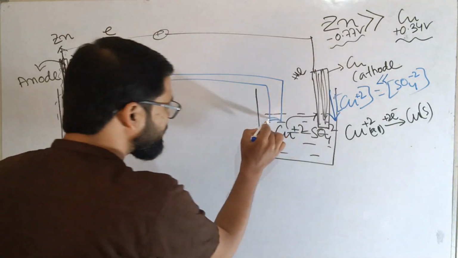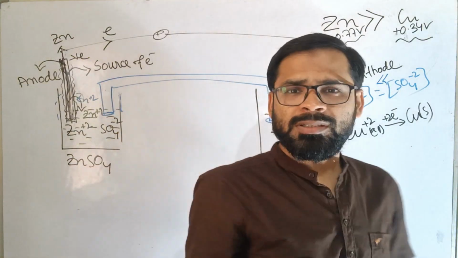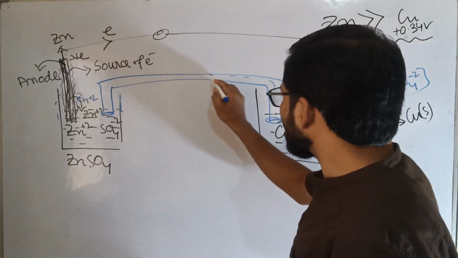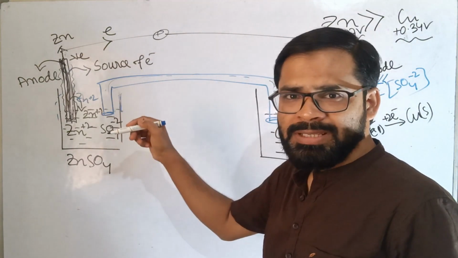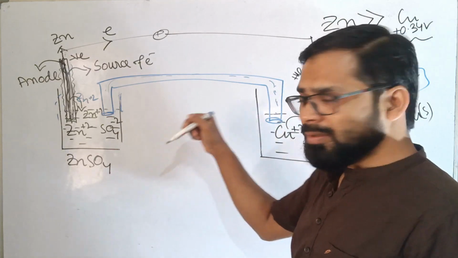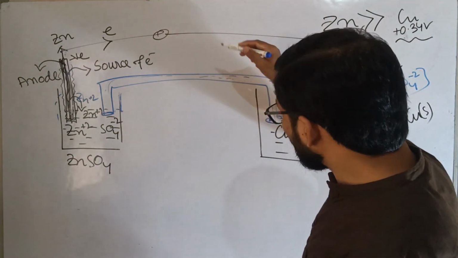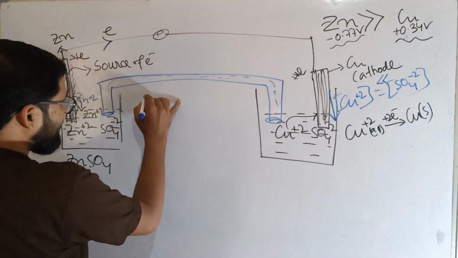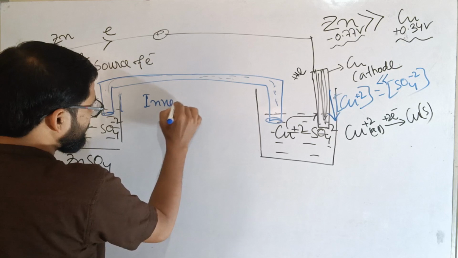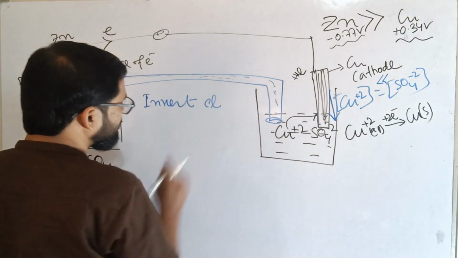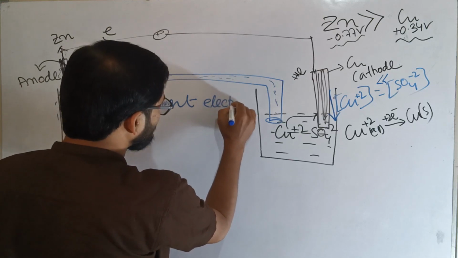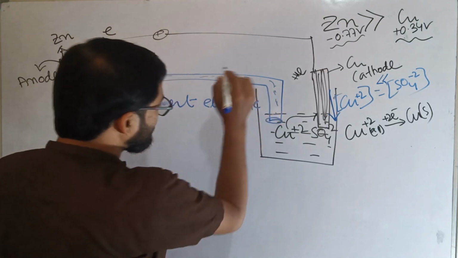Inside this salt bridge, normally we use a paste or gel type thing, agar or paste, and an inert electrolyte.